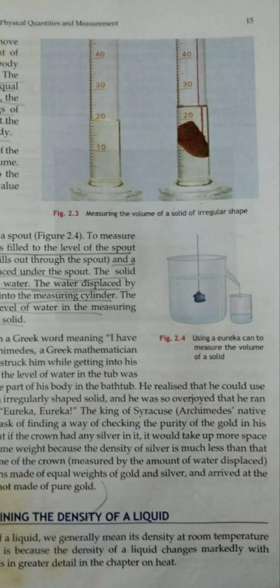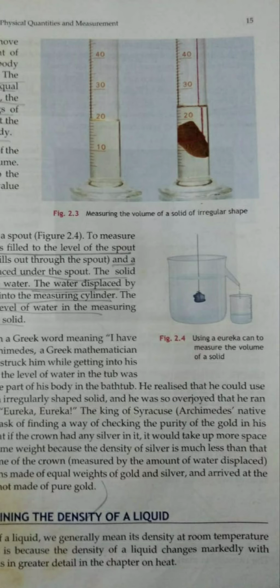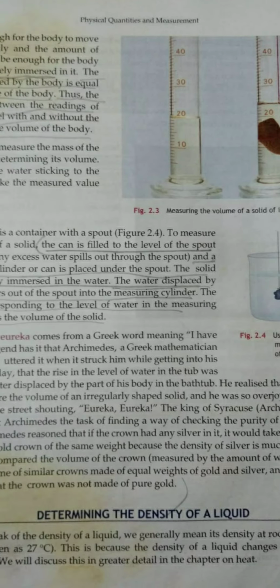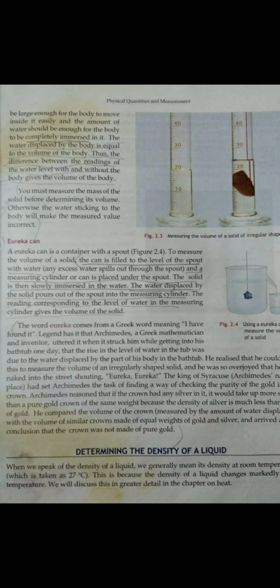The water level rises up to 25 ml. So the difference in the volume of water gives us the volume of the object. Here 5 ml water is raised, that means the volume of the irregular solid is 5 ml.